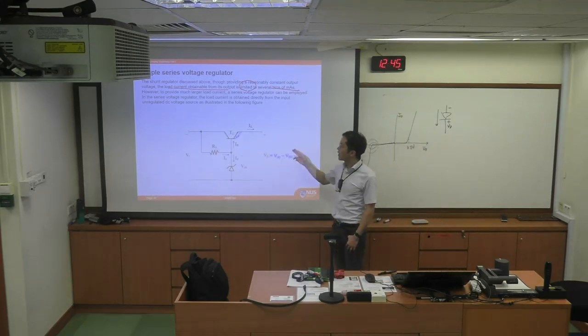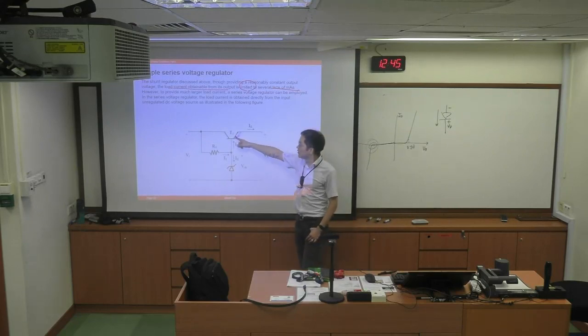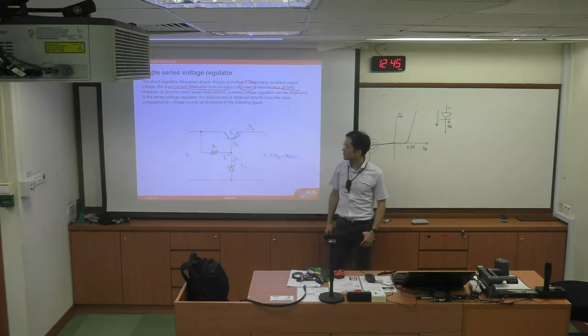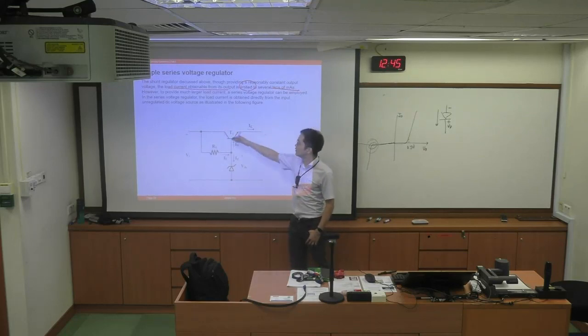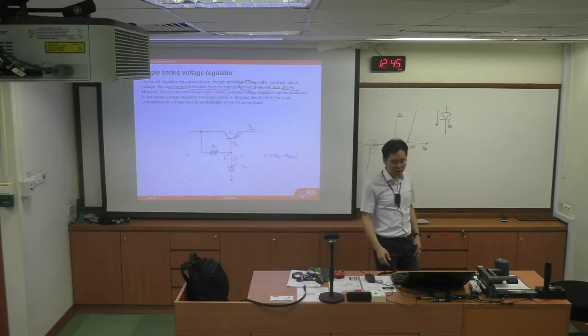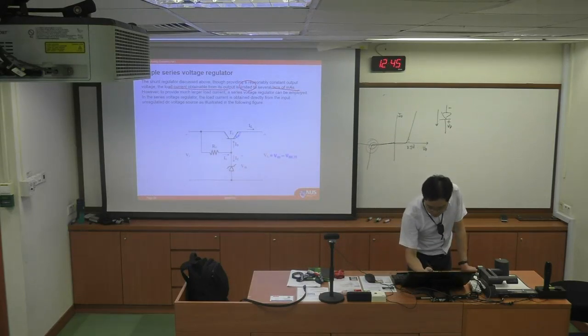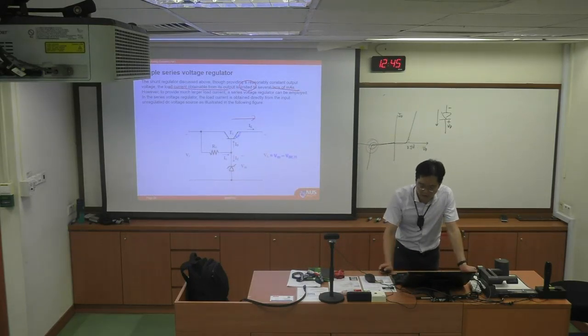So this is why we use a power transistor here and then use the series regulator. Now the regulator and the load are in series connection. This is why we call it a series regulator, and you can flow a lot of current to the load with this configuration.